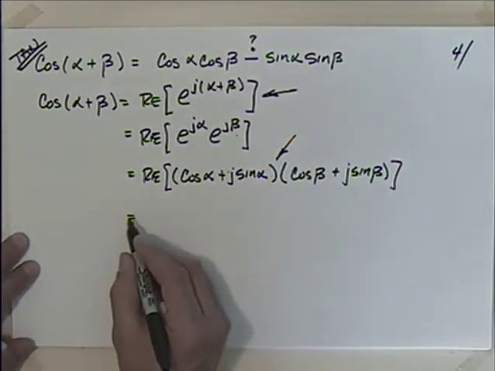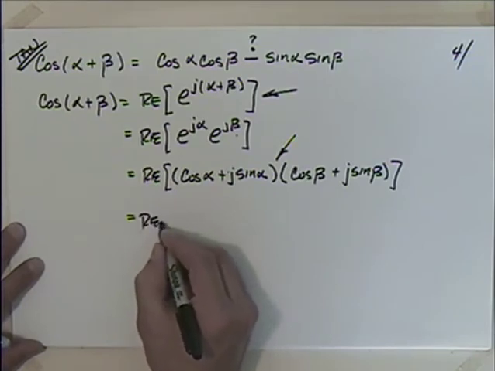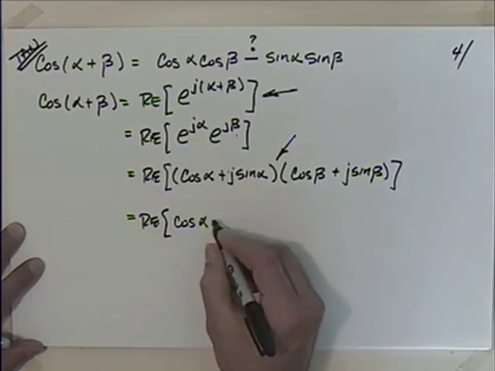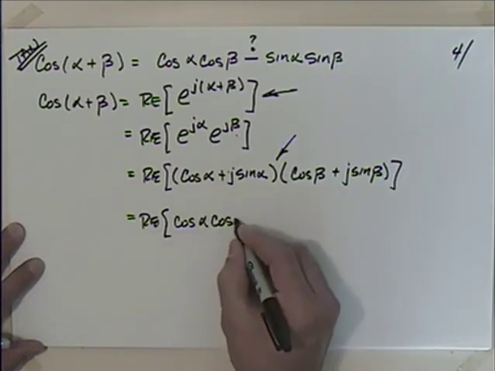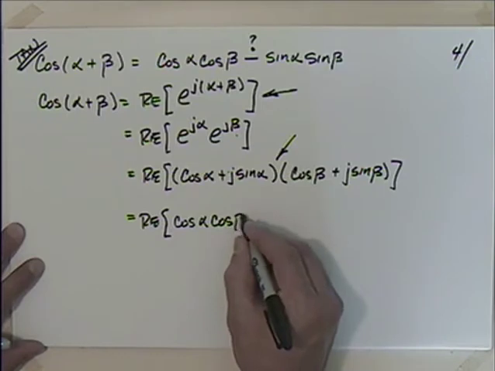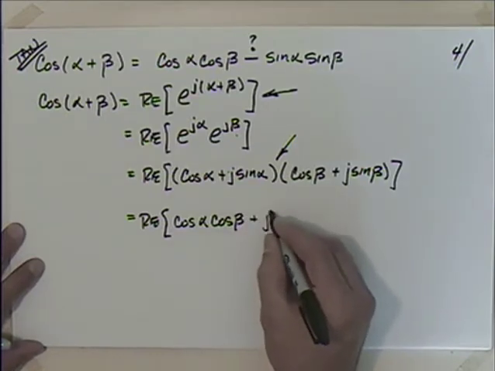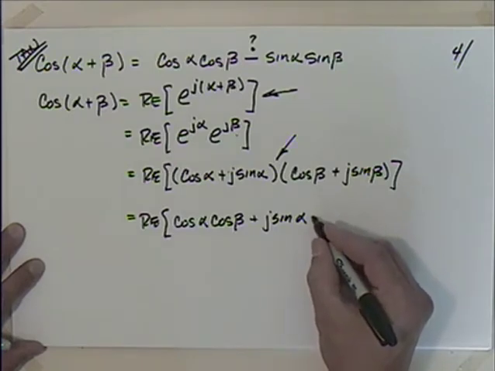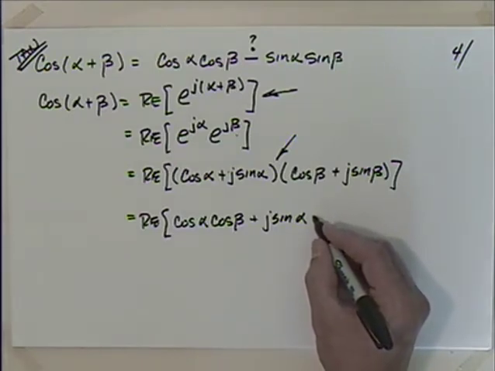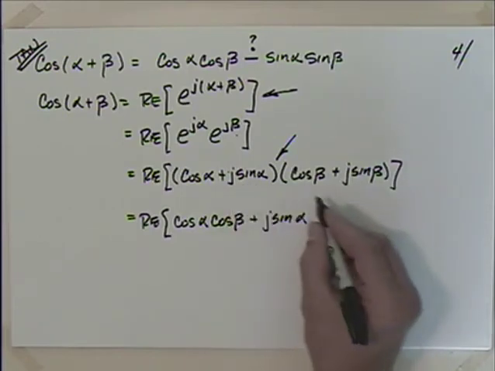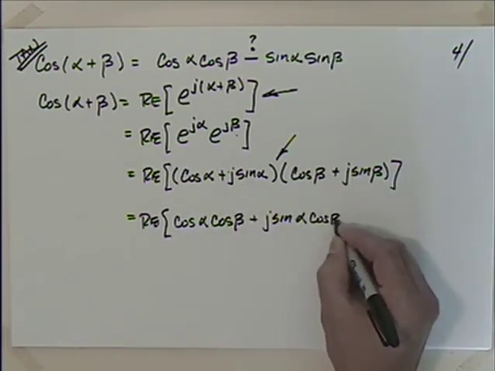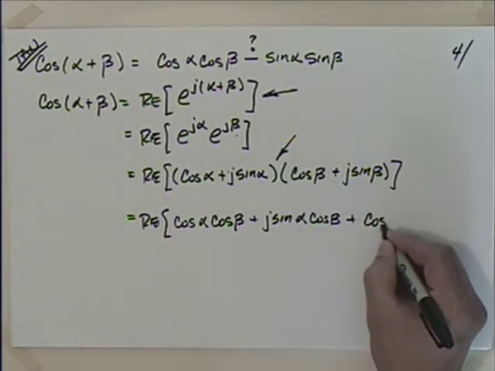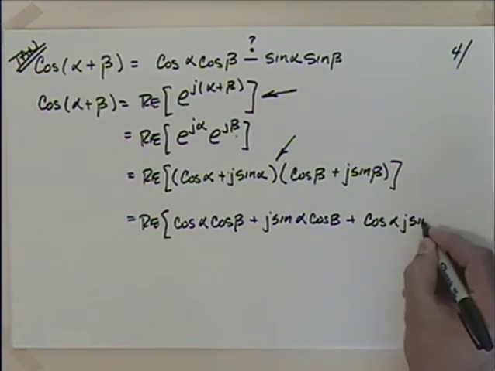So when I go through multiplying this, I'm looking at the real portion of what? I'm going to have cosine alpha times cosine beta. And then I'm going to have plus j sine alpha cosine beta, plus cosine alpha j sine beta.